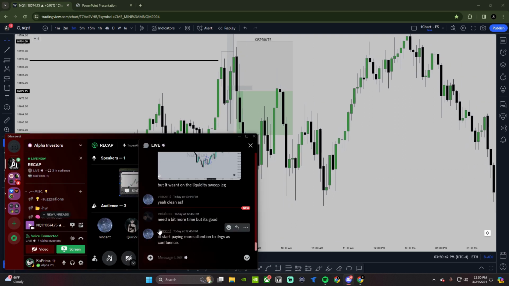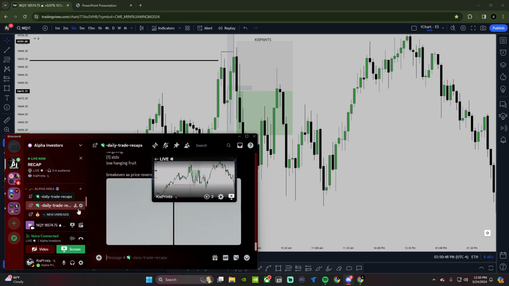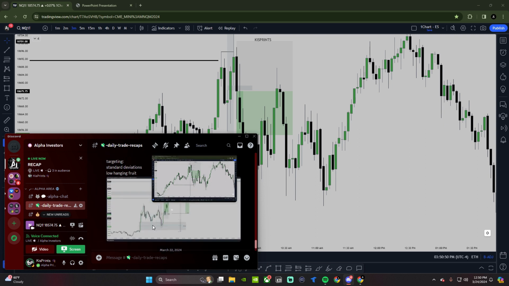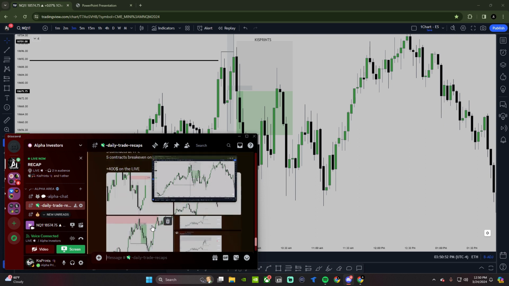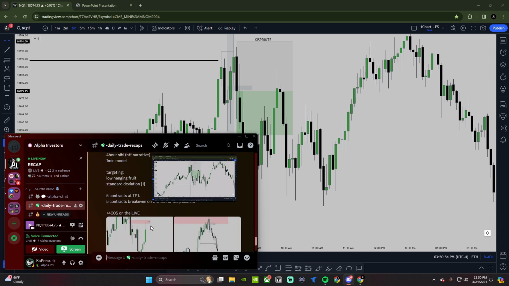Is this the play we caught in a build? I think we caught this play. It looks way too clean not to catch. Oh yeah, we did catch this one.